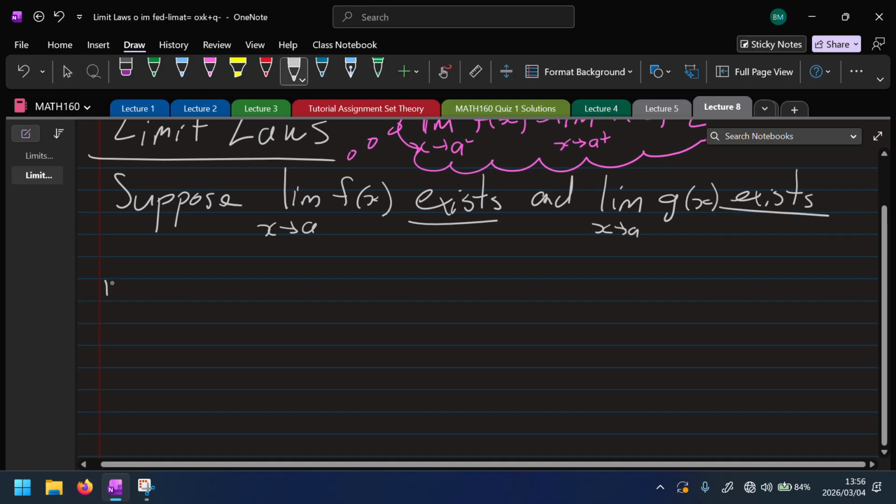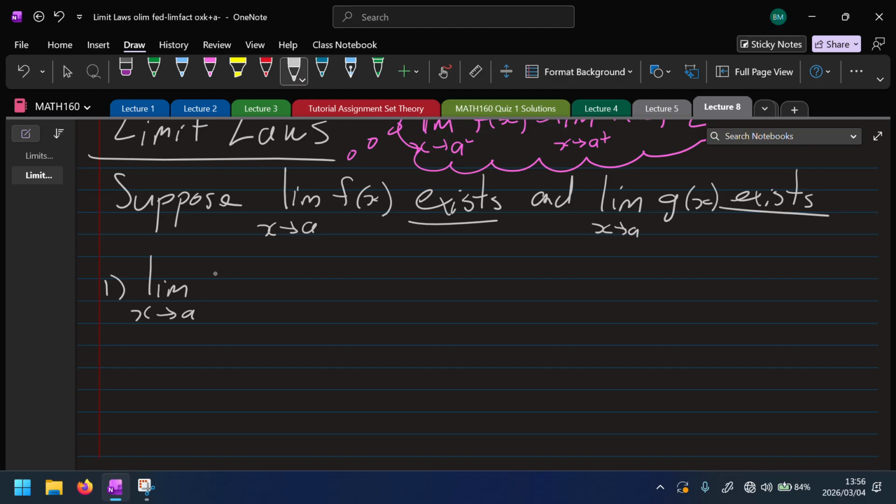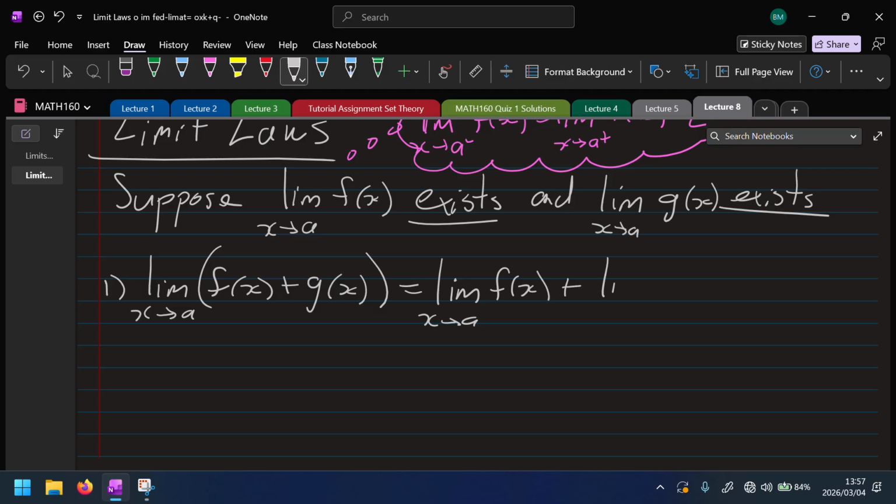So number one, the limit as x goes to a of f of x plus g of x. So we have the limit of a sum. If the two limits on the inside exist, then we can write the following. Limit x goes to a f of x plus the limit x goes to a g of x.